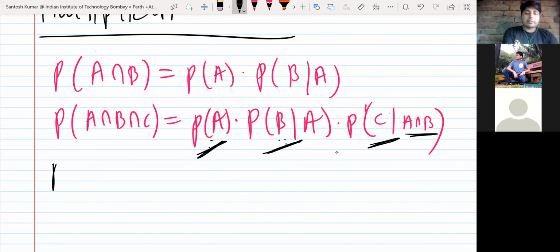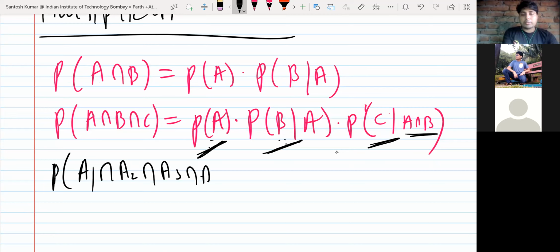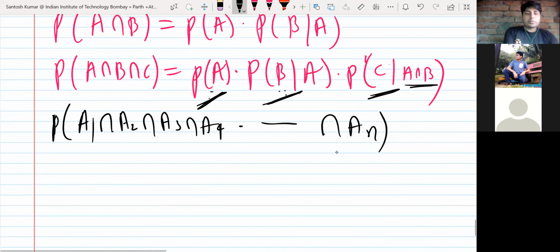If I write for n, suppose A1 intersection A2 intersection A3 intersection A4 and so on up to intersection An, where n can be any number. What will be in that case?